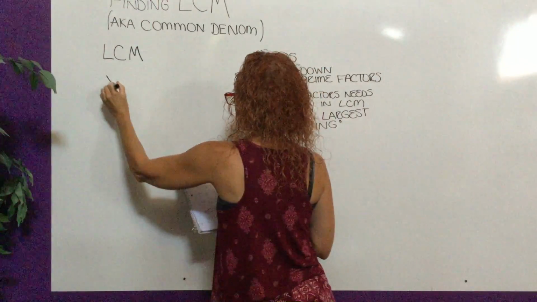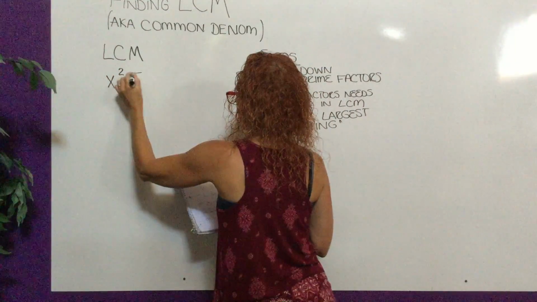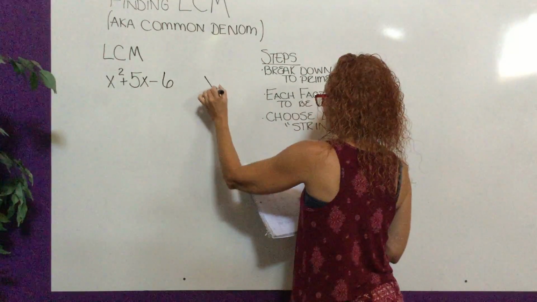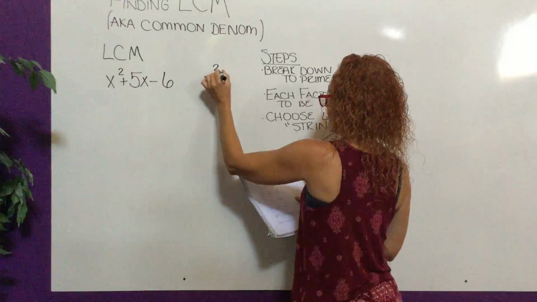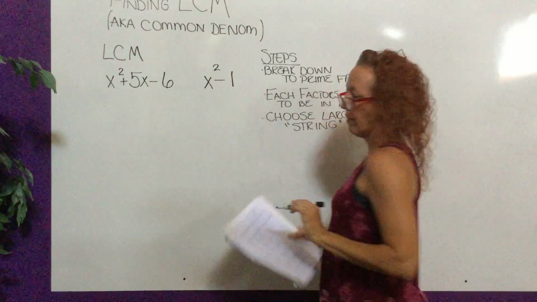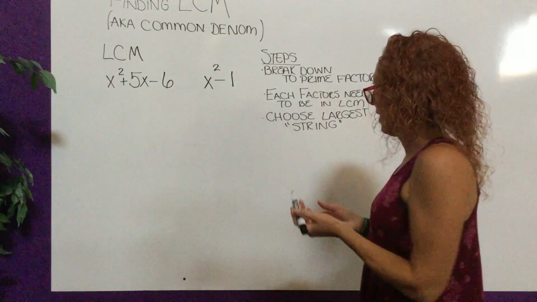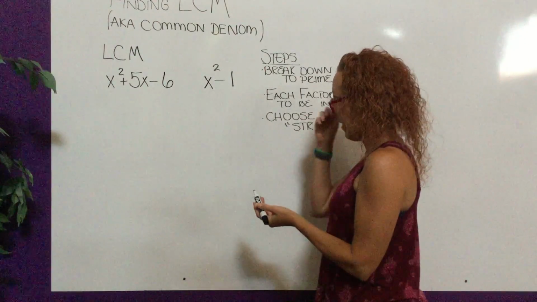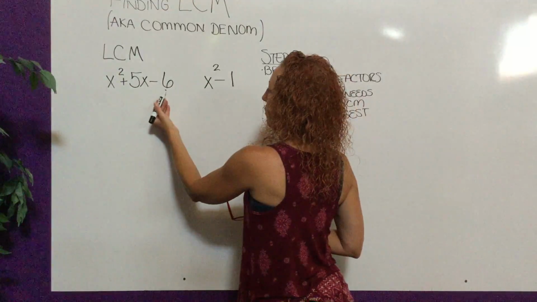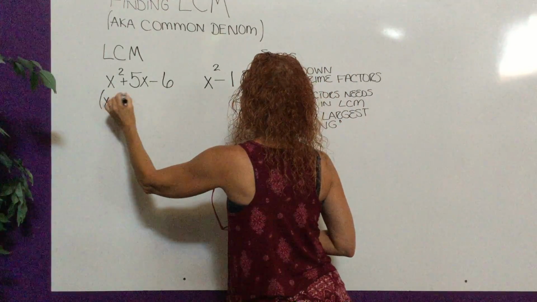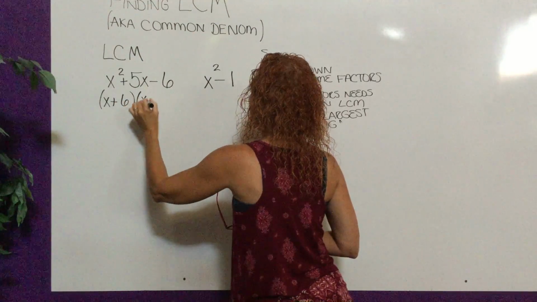We're going to look at x squared plus 5x minus 6 on one side, and then we're going to look at x squared minus 1 on the other. So same idea, it just looks tricky. So go ahead and factor. 2 numbers that multiply to negative 6 that add up to a positive 5 are going to be a plus 6 and a negative 1.